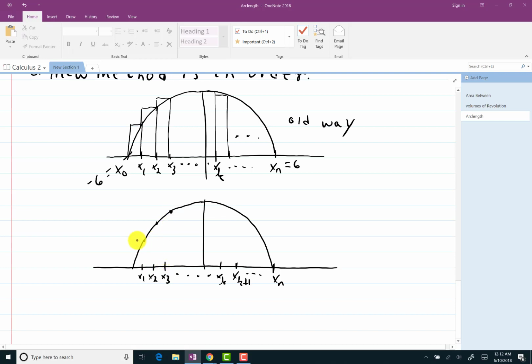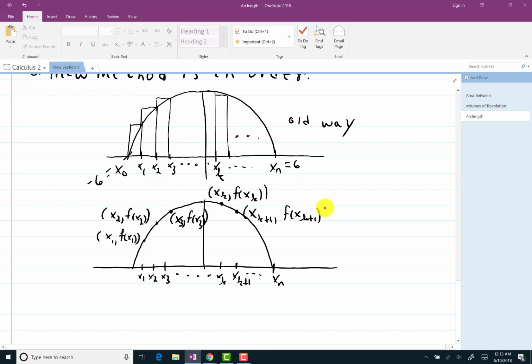So this would be x1 comma f of x1, the next x2 comma f of x2, then x3 comma f of x3. You get the idea. When I get to xk and xk plus 1, I'm going to have xk comma f of x sub k, and the next point will be x sub k plus 1 comma f of x sub k plus 1.